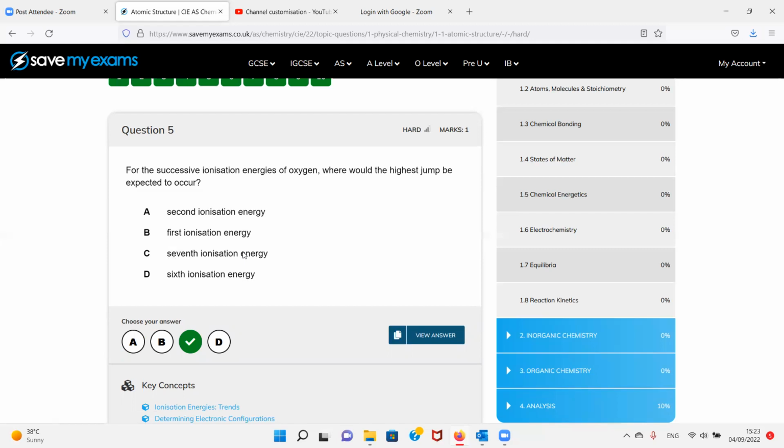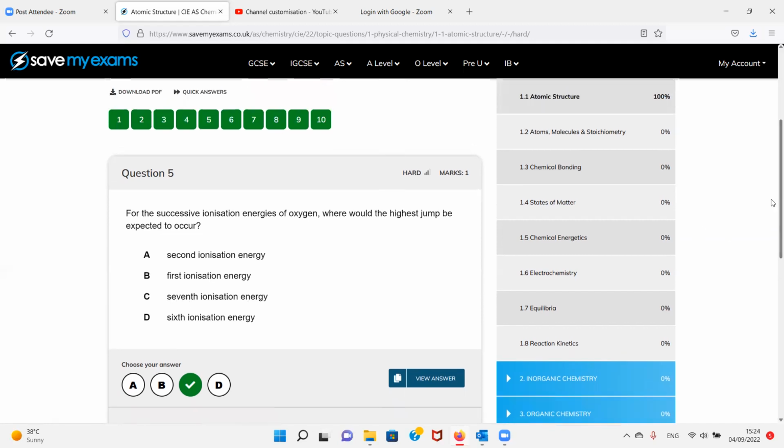So basically, once you remove all the valence electrons, the 6 electrons, and in the case of oxygen, which is 1s2, 2s2, 2p4, once you remove the 6 electrons, then there'll be a big jump in the 7th one, and this is basically the correct answer, which is answer C. So in this case here, the 7th ionization energy is the big jump in case of oxygen.